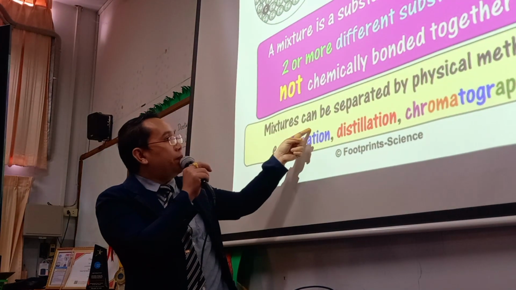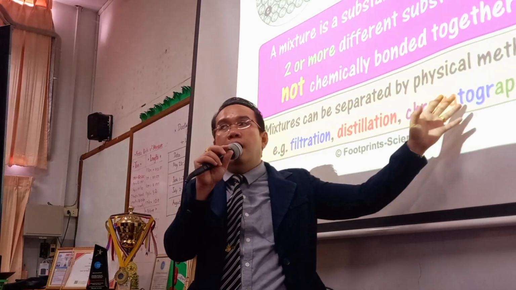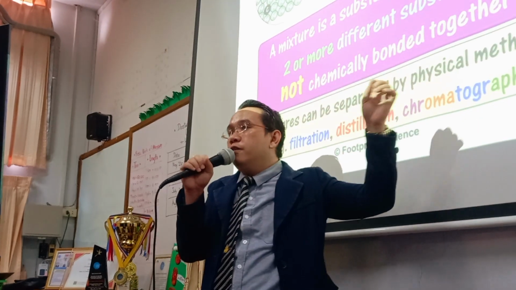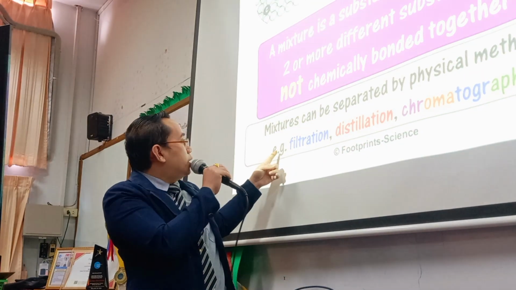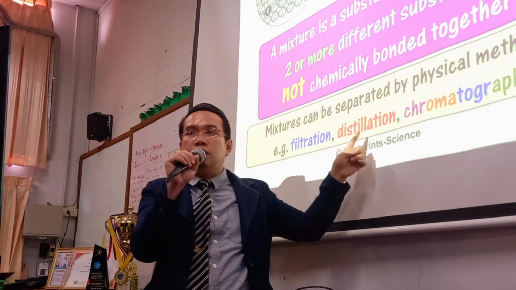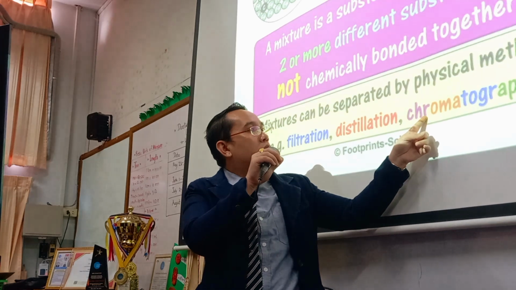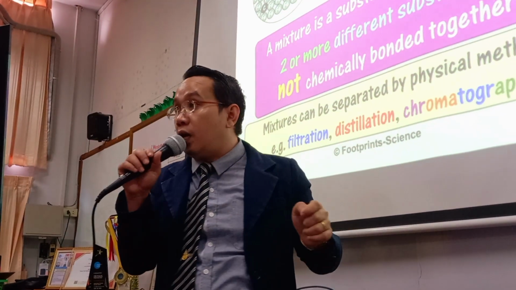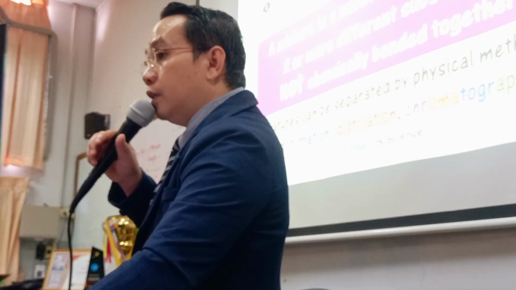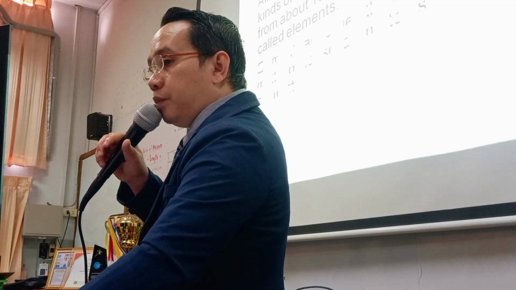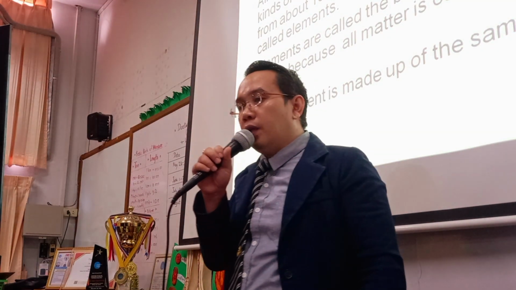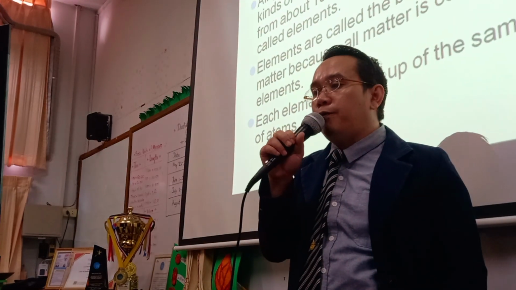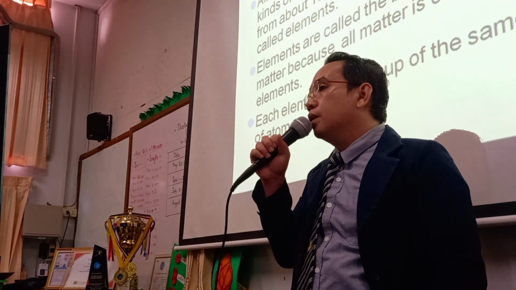Mixtures can be separated by physical methods or physical separation techniques, for example, filtration, distillation, and chromatography. You understand? Now, all living and non-living kinds of matter in the universe are made up of about 100 different substances called elements.